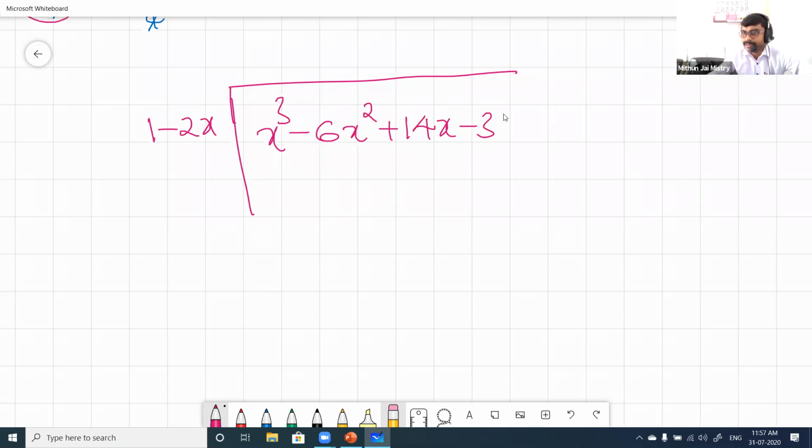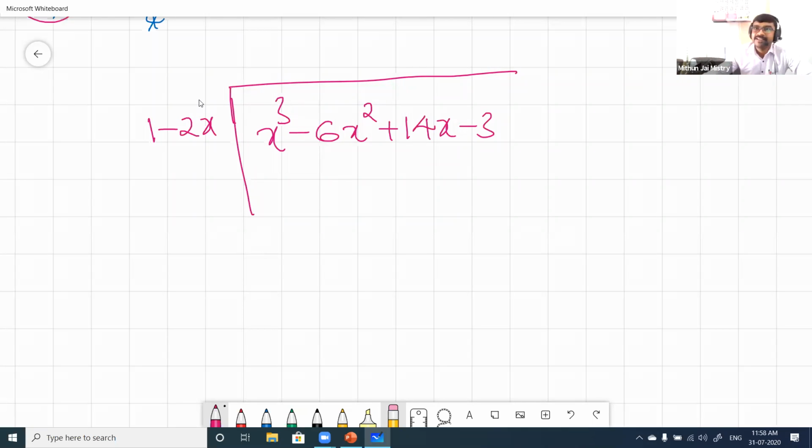What do you mean by degree? Power of the variable. Here no variable, that's why the degree will be 0. But in the divisor, 1 minus 2x, the degree of 1 is 0, then the degree of minus 2x is 1. Means it is increasing order, whereas the dividend is in decreasing order.